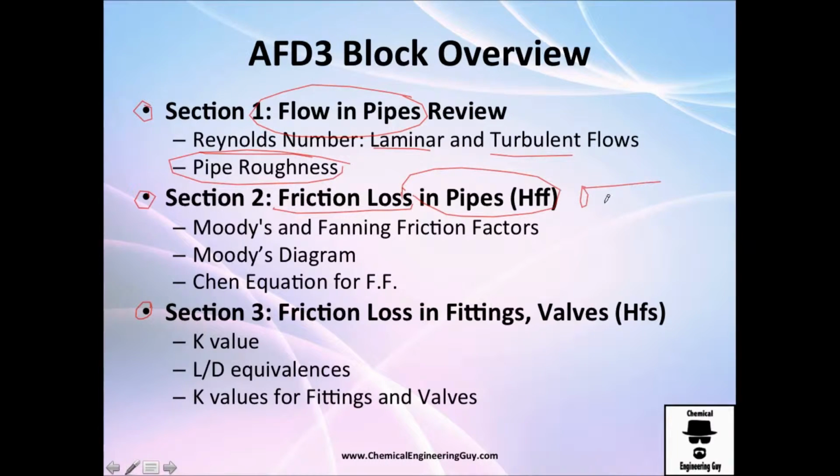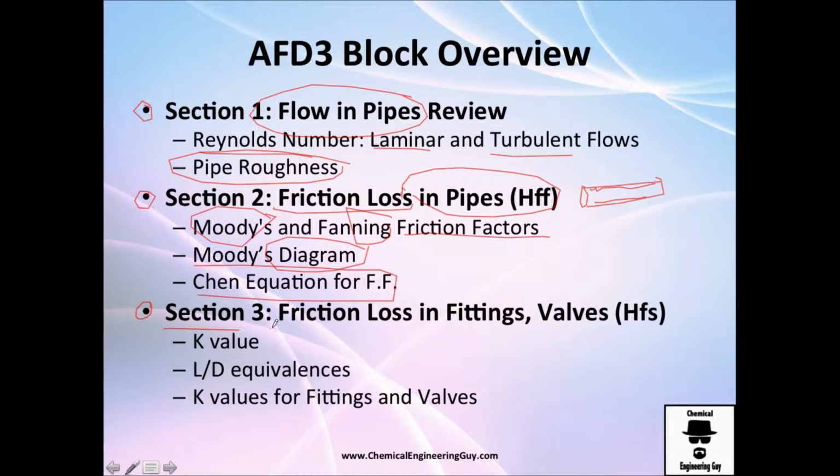So this is the pipe, here's friction loss here and here. We start analyzing the friction factor, and there are mainly 2 definitions, Darcy and Fanning. We study the Moody diagram, and then we check out many equations, for example, the Chen equation for friction factor and many other equations.